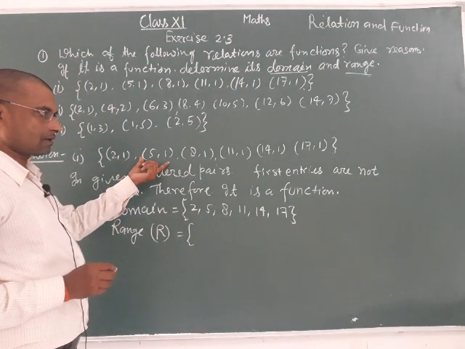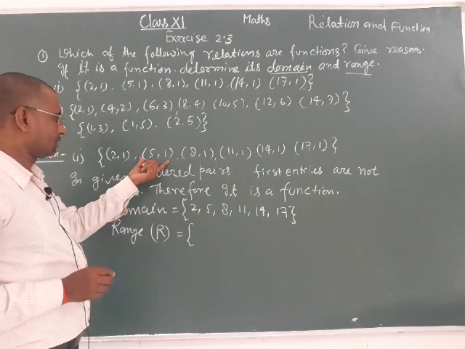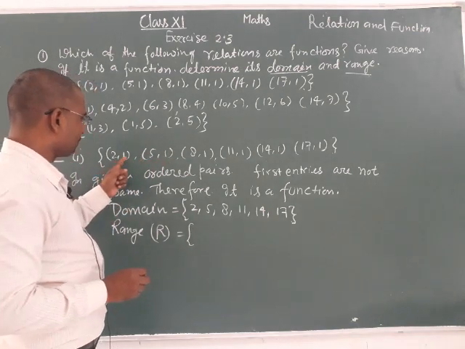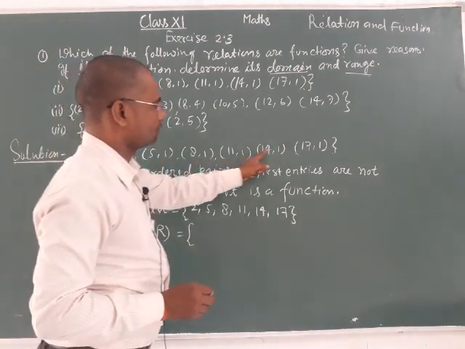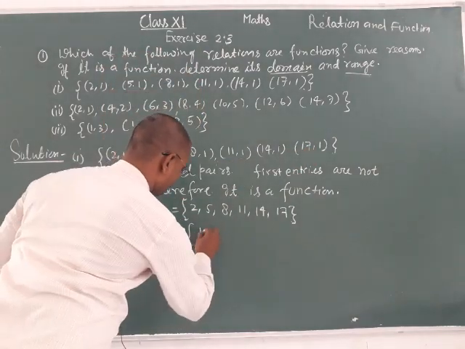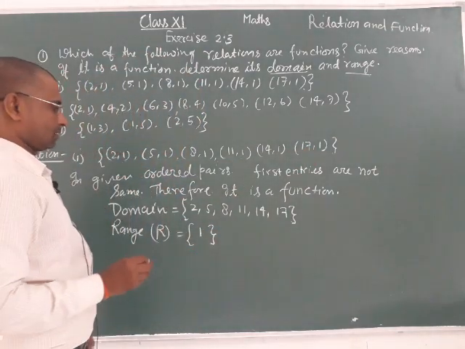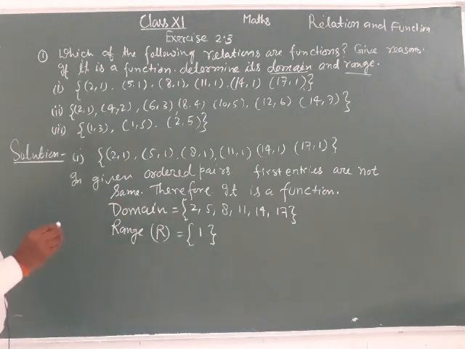The second components are 1, 1, 1, 1, 1, 1. So the range is {1}. This is the answer.